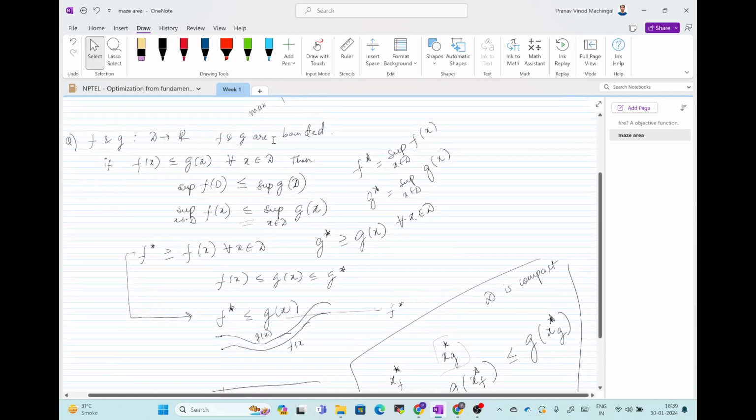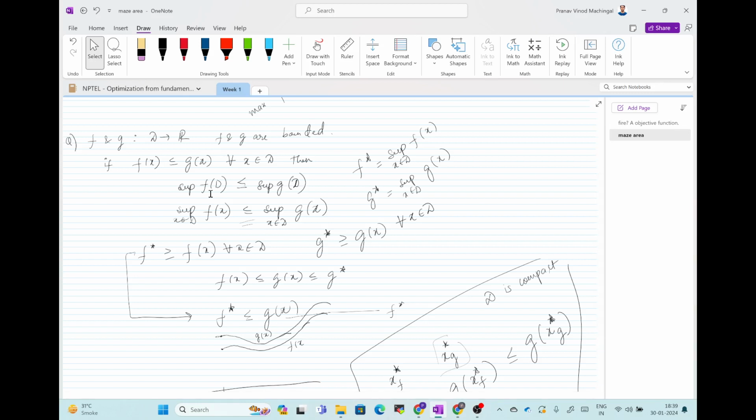So f and g are bounded means f of D is a bounded set, right? What can we say from that?